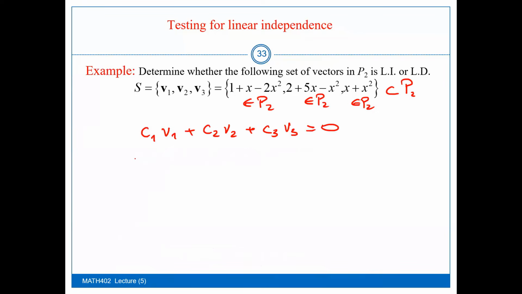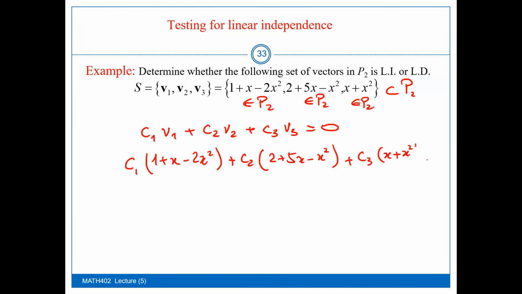So here, if we replace V1, V2, V3 each by its expression, C2 times 2 plus 5x minus x square, C3 x plus x square equals 0.